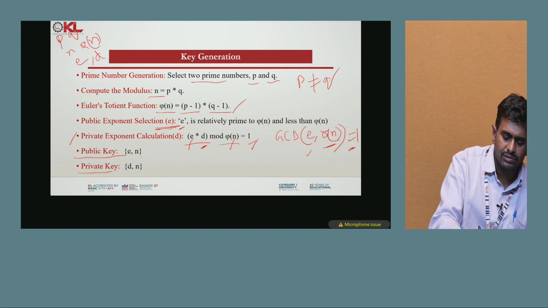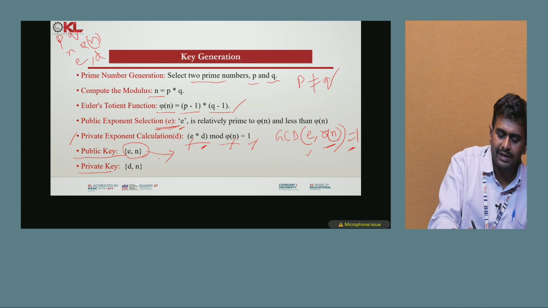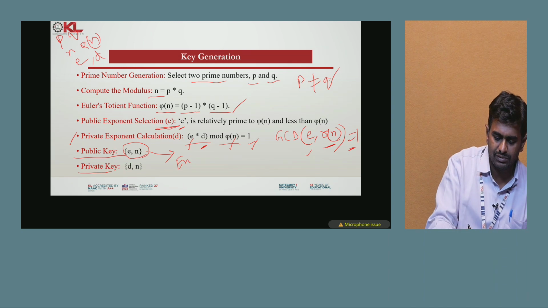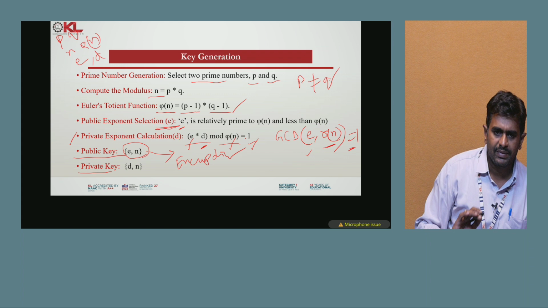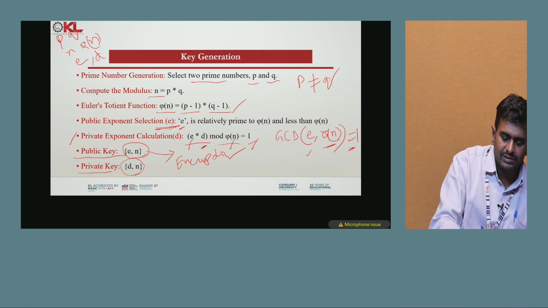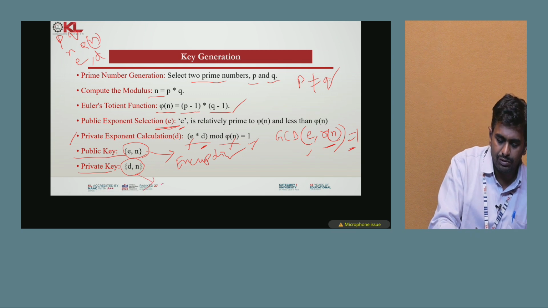Out of these six values, we use only e and n in the encryption process; the pair (e, n) is the public key. In the decryption process, instead of e and n, we use d and n.